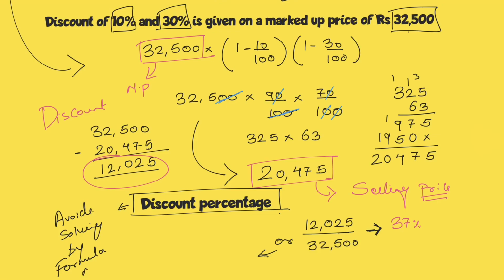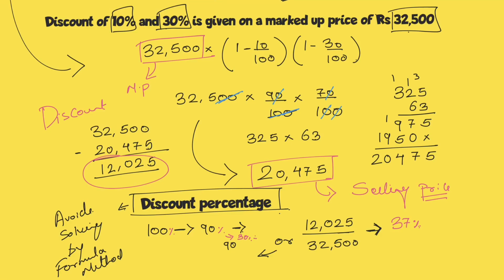So which was that method? We will start by assuming it to be 100%. Okay, so let's start with that. Let's use the discount percentage method. So 100% was the mark price that was given to us. We reduced this first by 10%, so 90% is left. Then we reduced it by 30%. So 30% of 90% is nothing but 27.